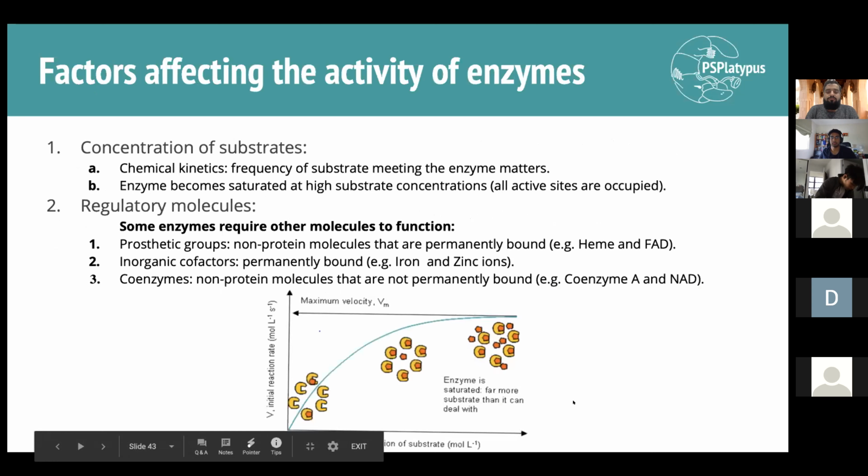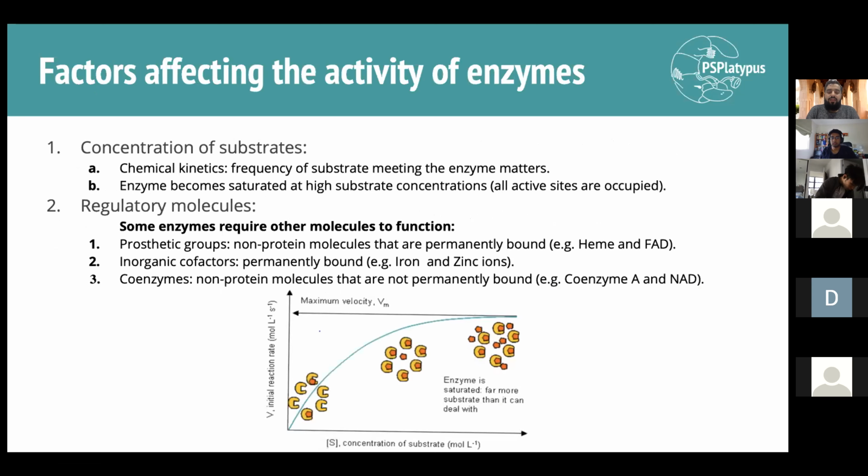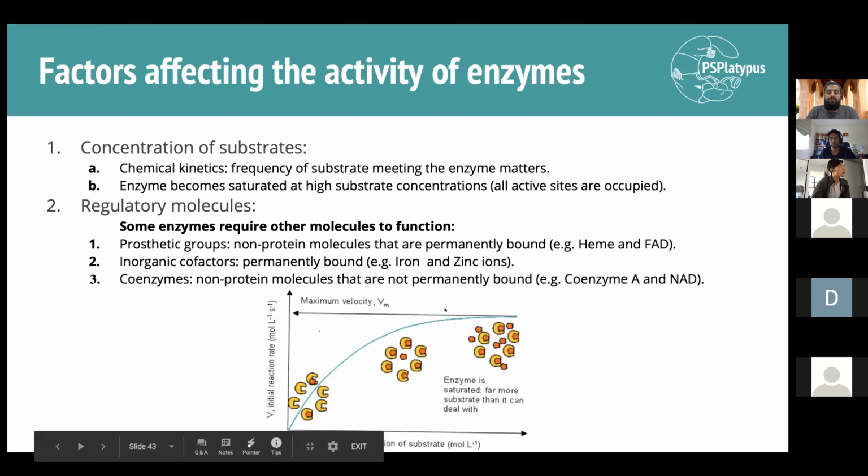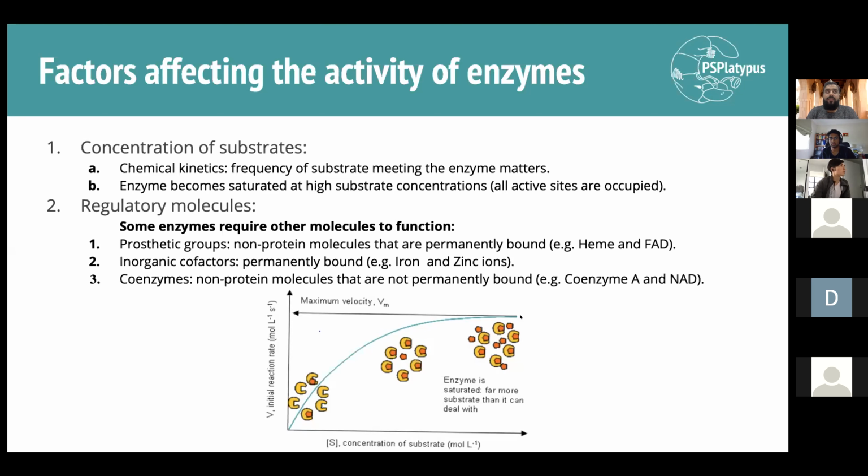There are generally two factors affecting the activity of enzymes: concentration of substrates, where the more substrates we have, the more enzyme activity. However, there is a maximum velocity, and when we reach that point, it means that all active sites in the enzymes are occupied. And also we have regulatory molecules.